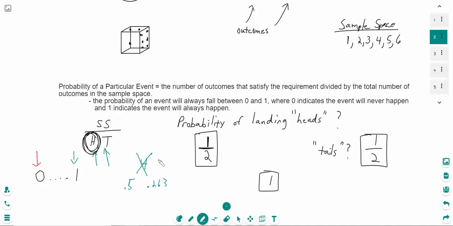And if you added them all up and they became less than 1, that means there's still a chance of something else happening other than the set of outcomes. Okay, which is impossible. This is our complete set of outcomes. Nothing else can happen. So they have to add up to 1. Hopefully that makes sense.